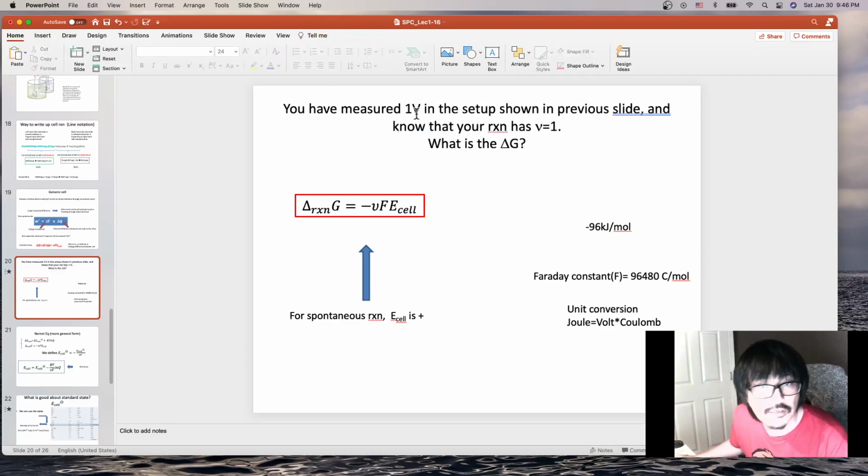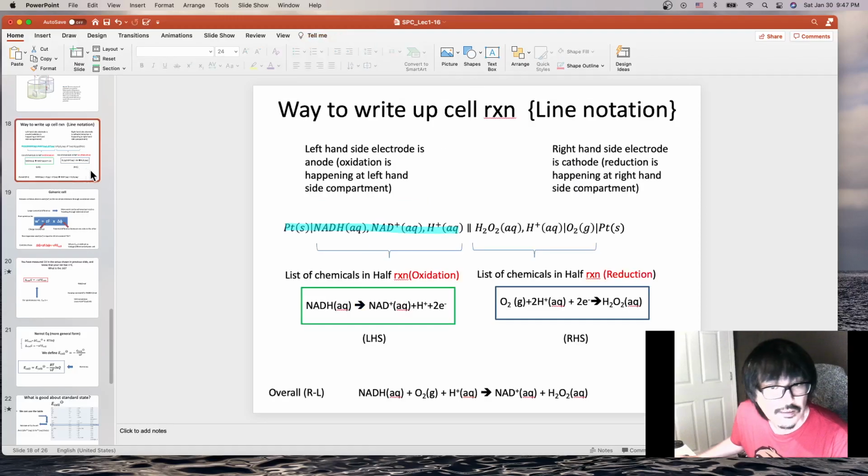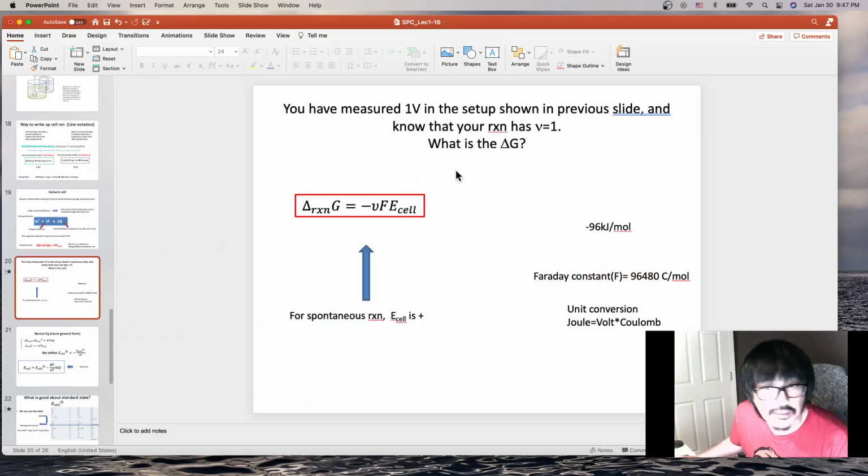Okay, so you have measured 1 volt in the setup shown in a previous slide, right? And then you know that reaction was transferring electrons, just 1 of them, right? Is that 1 or 2? It's actually 2 here. So let me just fix that one. That one is actually 2.